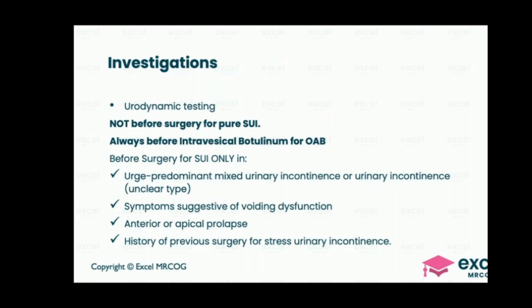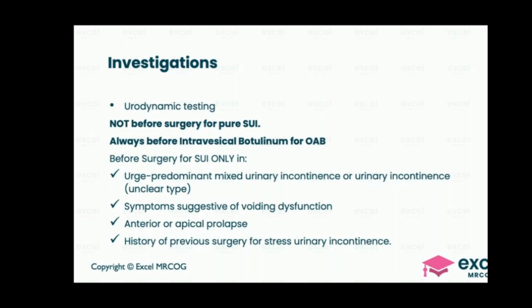But if it is urge predominant mixed urinary incontinence, or where the type is not clear, and now you're contemplating doing a surgery for SUI, you would do urodynamics because you want to know whether it is actually SUI or OAB symptoms masquerading as SUI. That means sometimes a patient may actually have detrusor overactivity, and then she coughs, she leaks.